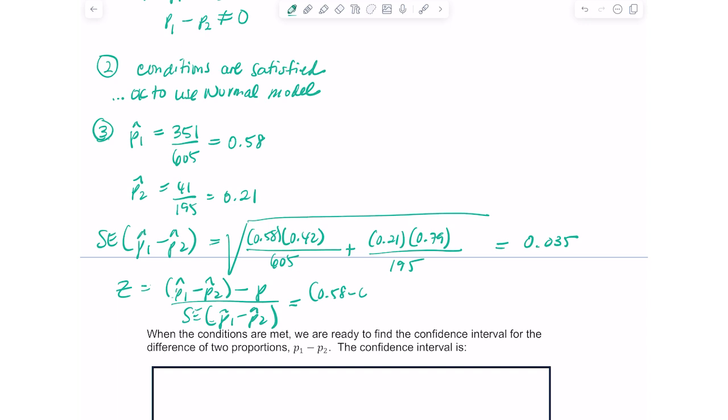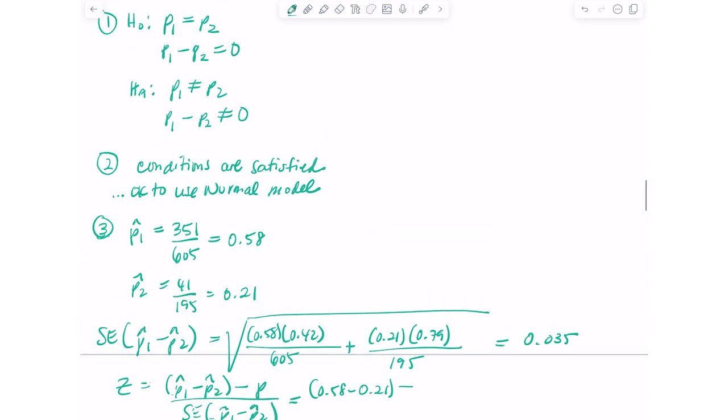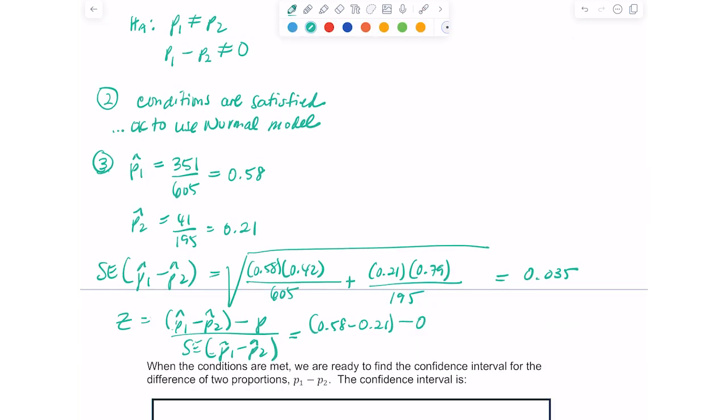Minus p. So p is always with the hypothesis because that's about your population, it's your claim. And there, p should be 0, right? Because we're saying there is no difference between the two populations. And then we're going to divide by the standard error, which we just found to be 0.035.